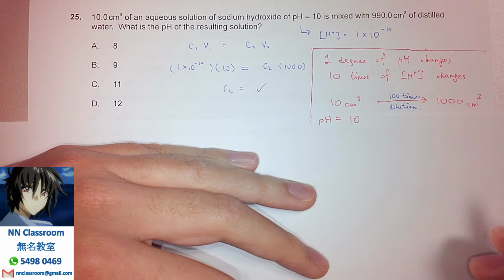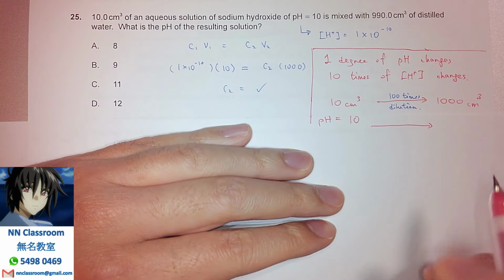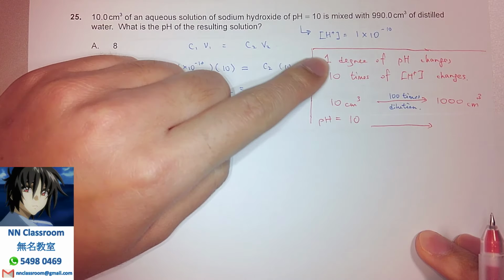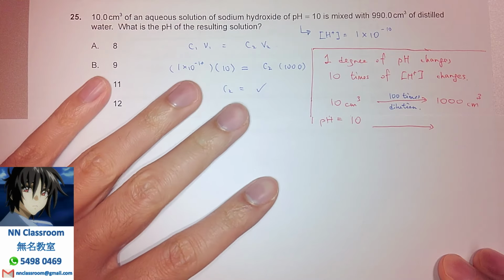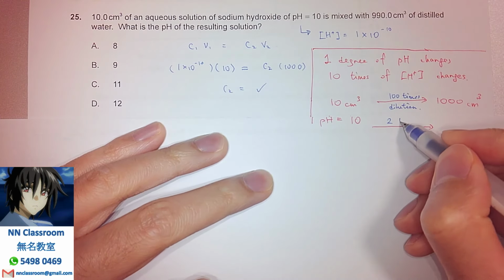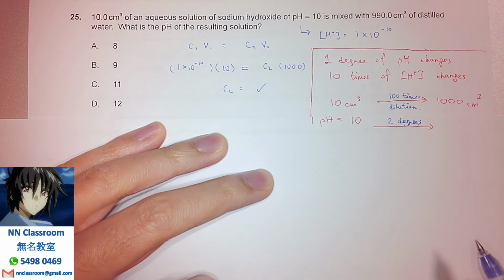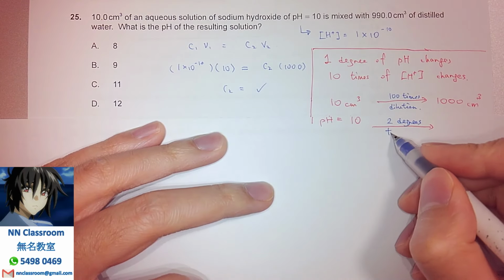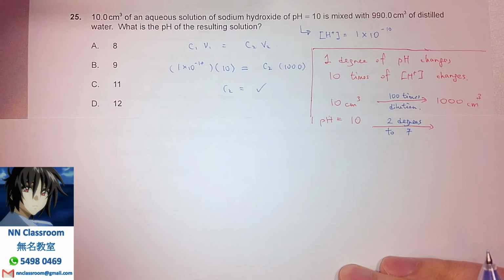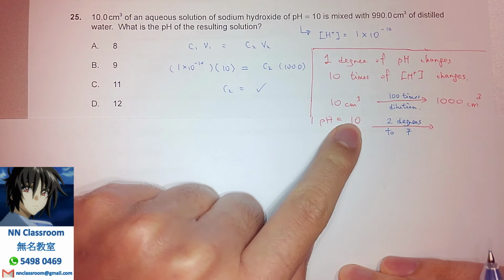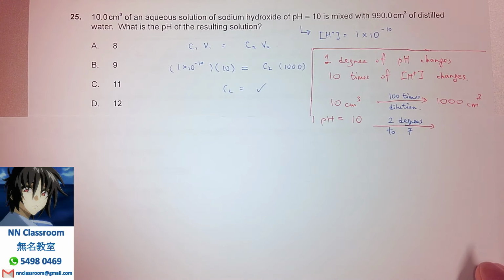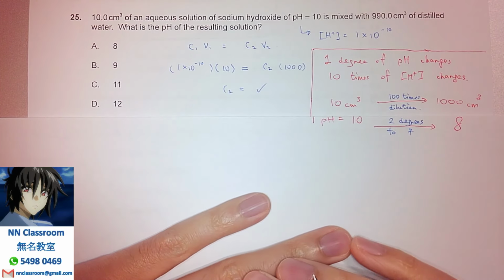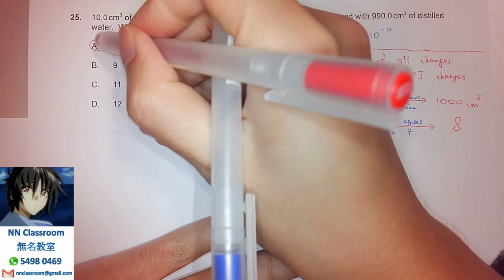So 10 times will be moving 1 degree, so 100 times will be moving 2 degrees, right? Because of the log scale, 2 degrees to 7, because migrating to 7 means migrating to the most diluted form. So meaning that 10, now you move 2 digits to 7, and at the end you realize the pH is going to be 8. So my answer is going to be A.